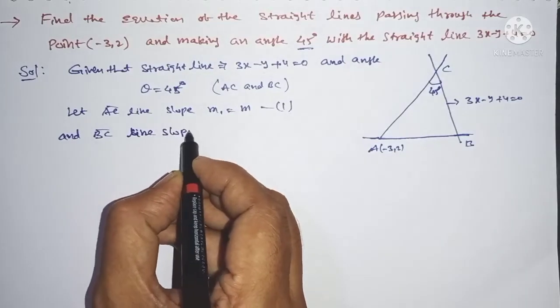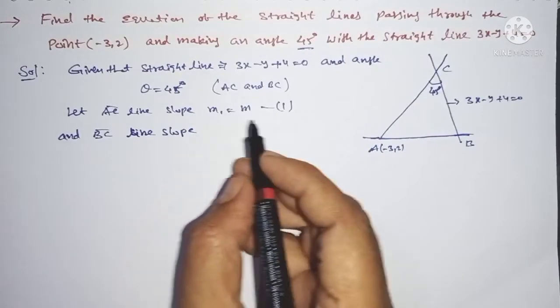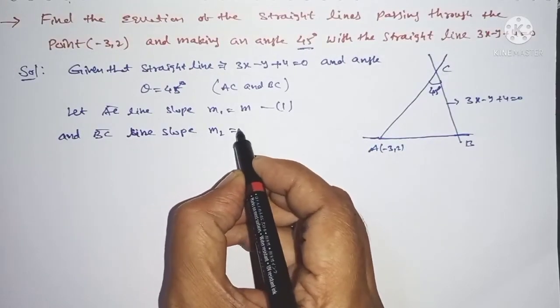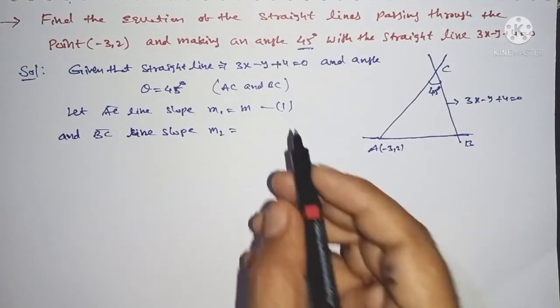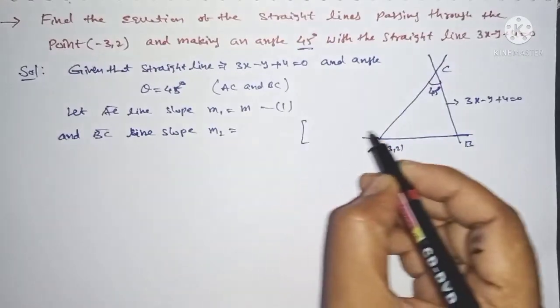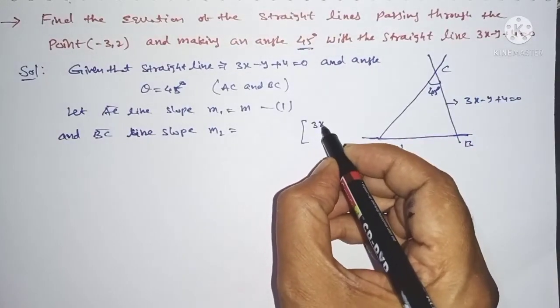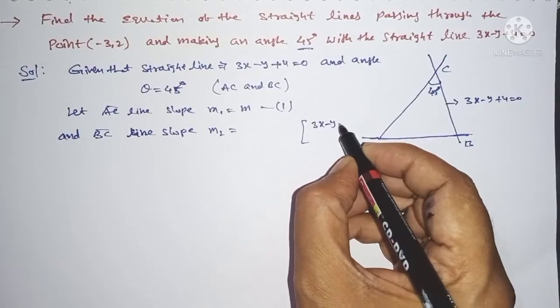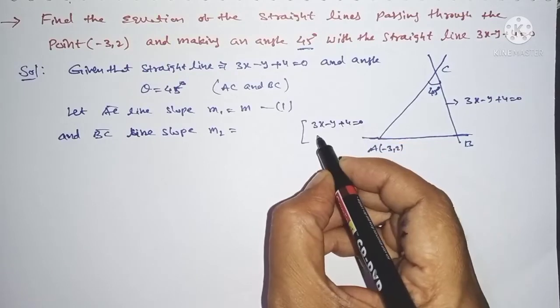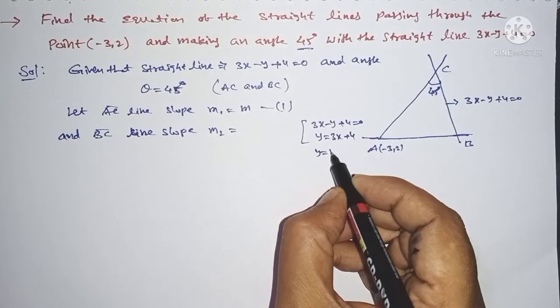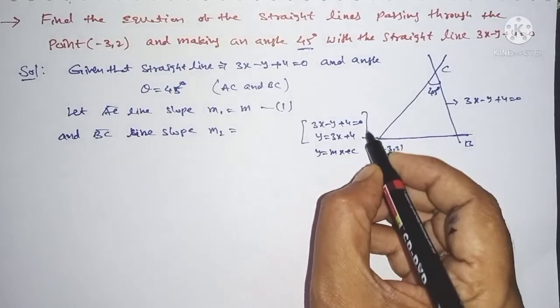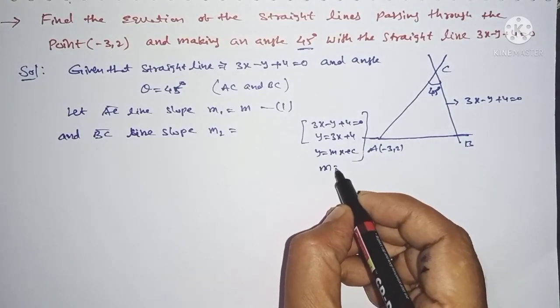I am writing here the line slope m2 is equal to, find out how. You can observe here, the given equation is 3x minus y plus 4 is equal to 0, or I can write here y is equal to 3x plus 4, y is equal to mx plus c. Therefore m is equal to 3 only.